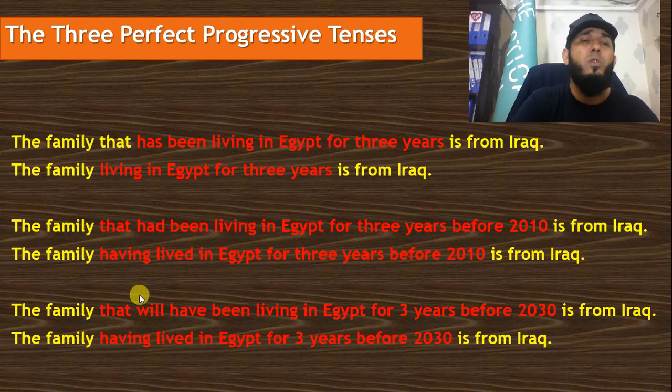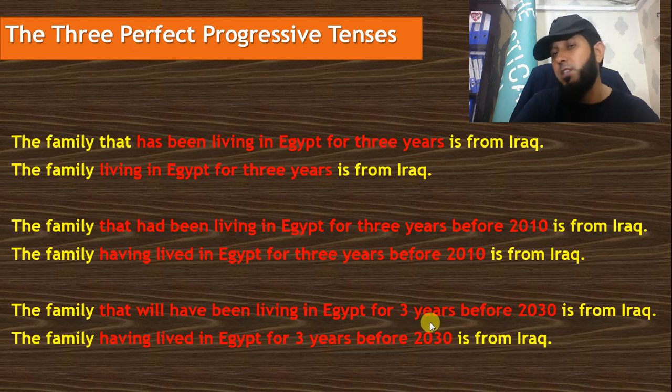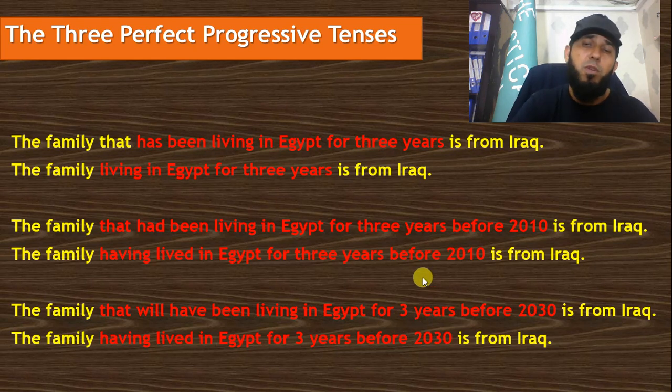And the same thing over here, the family that will have been living in Egypt for 3 years before 2030 is from Iraq. And you do the same thing, you get rid of the relative pronoun that, you remove will as well, you change have to its ing form to its gerund form having, and you get rid of been as well, and you change living, the main verb ing, to past participle form or third form.